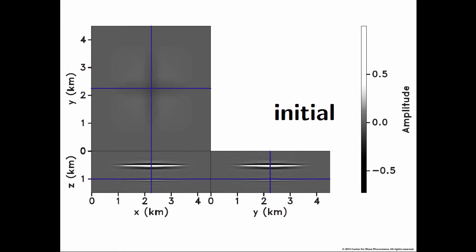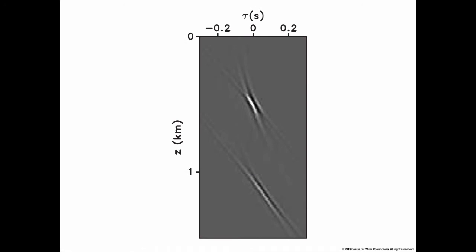So this is the migrated image we obtain corresponding to the initial model. We see that in this case we correctly image the first layer at 0.5 kilometers. However, the second layer in the image is mispositioned at 1 kilometer. And then we construct the time lag gathers, and here are the gathers corresponding to the initial model.